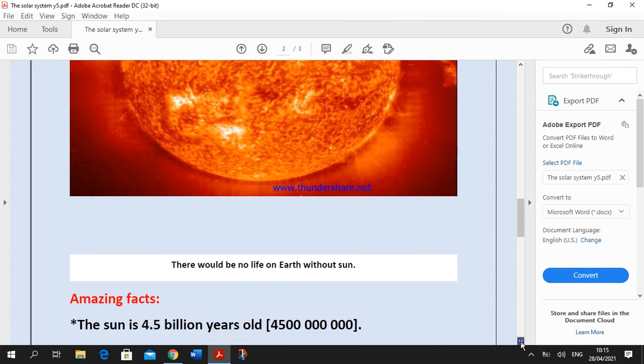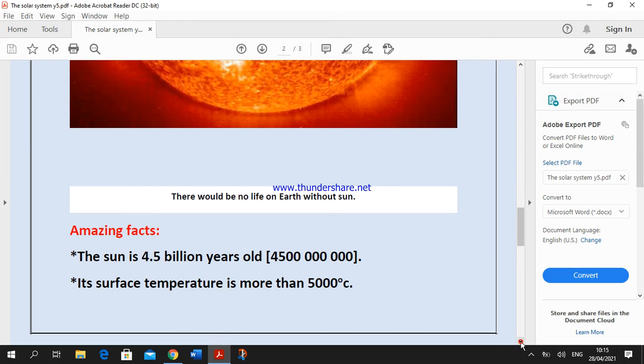Again, the Sun is a medium-sized star located at the center of the solar system. It appears bigger because it's the nearest star to us. Everything in the solar system revolves around the Sun in fixed orbits by the effect of the Sun's gravity. The Sun is not a solid ball, but a giant gaseous ball made of hydrogen and helium.